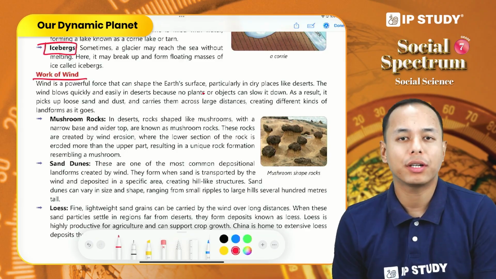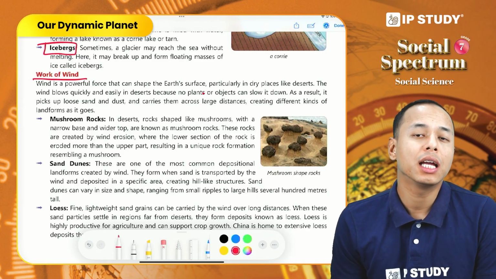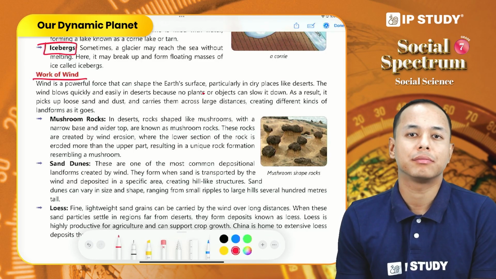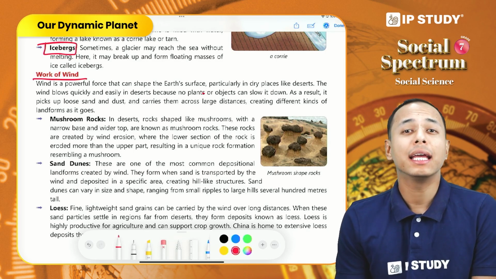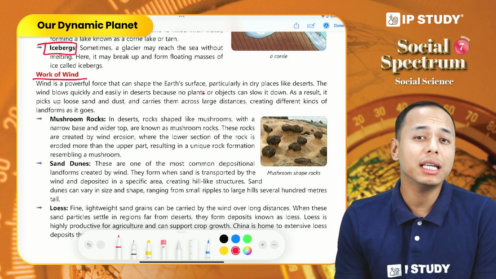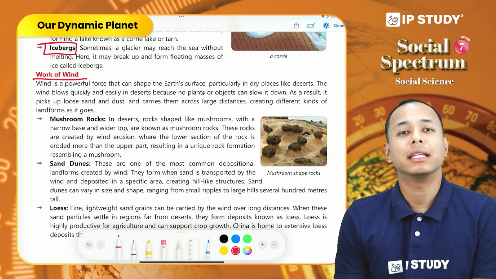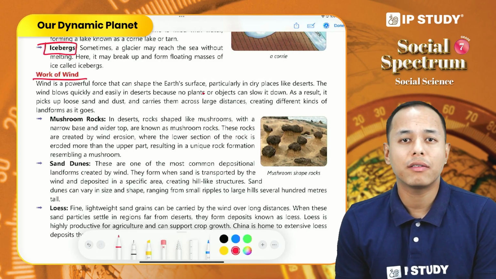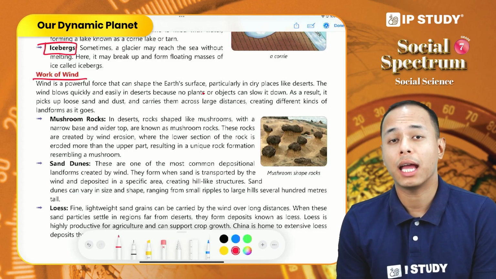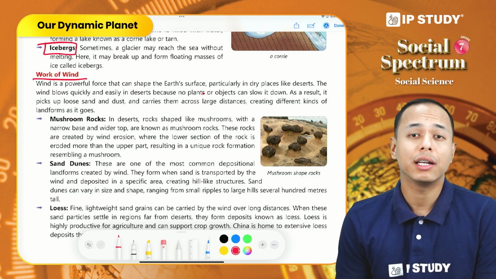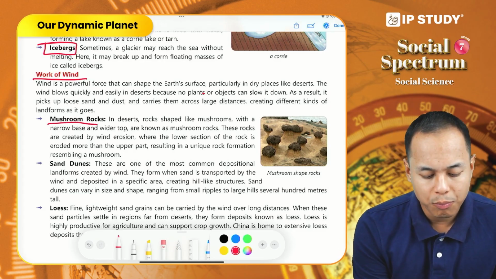Wind is a very important agent in the arid or desert region. Okay, it erodes, it transports and it deposits materials in the arid region. And since there is less vegetation cover in the desert, wind blows freely and thus it helps to create different types of landforms like mushroom rock.